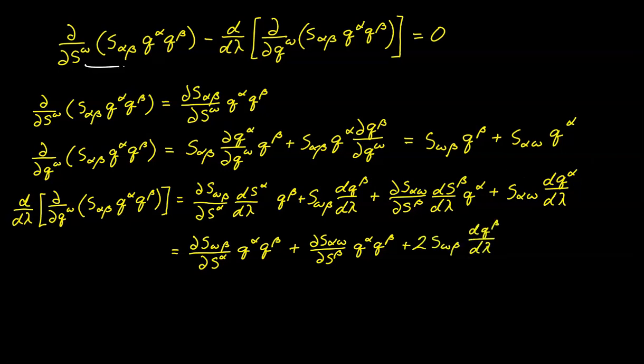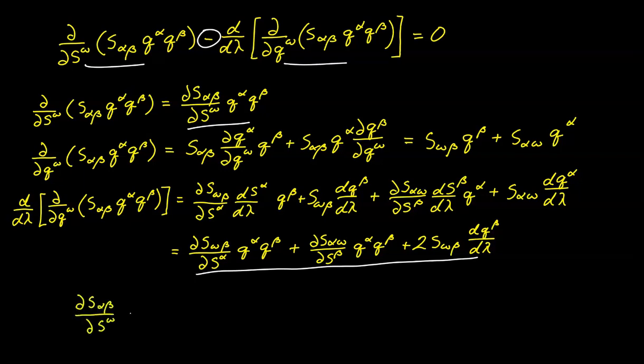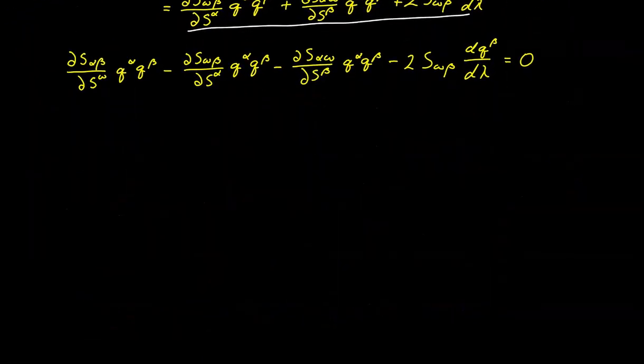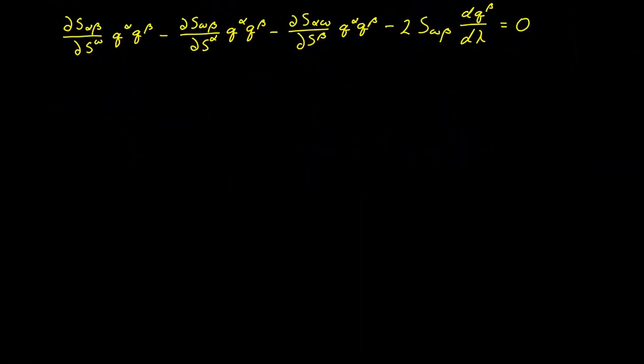Now that we've expanded out this term, this one, we've got to combine them together, which means we have to take this term and subtract all this stuff, and then set the result equal to 0. Next, I'm going to multiply through by negative 1/2, and then I'll do some reordering and grouping of the terms.